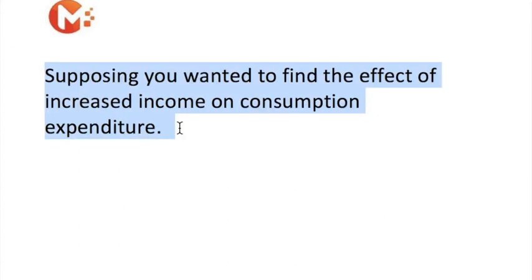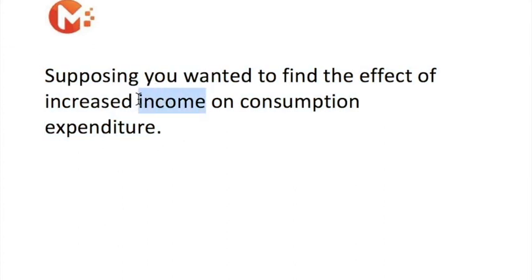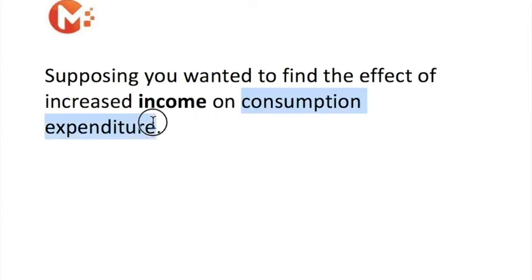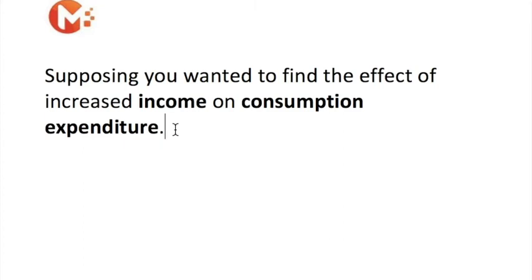Income would become your explanatory variable. In other words, income becomes your independent variable, whereas consumption expenditure becomes your dependent variable or your outcome variable.